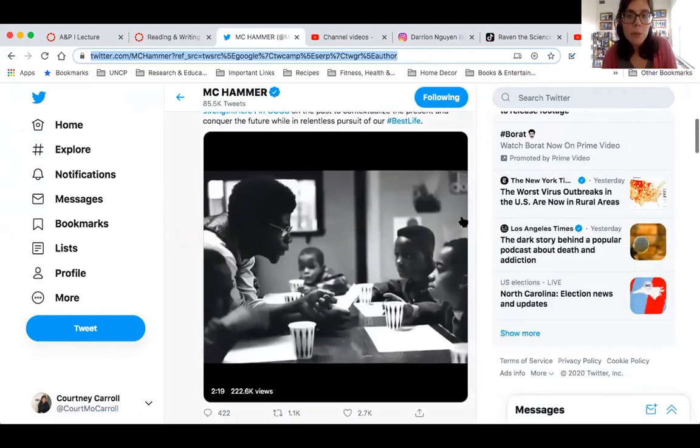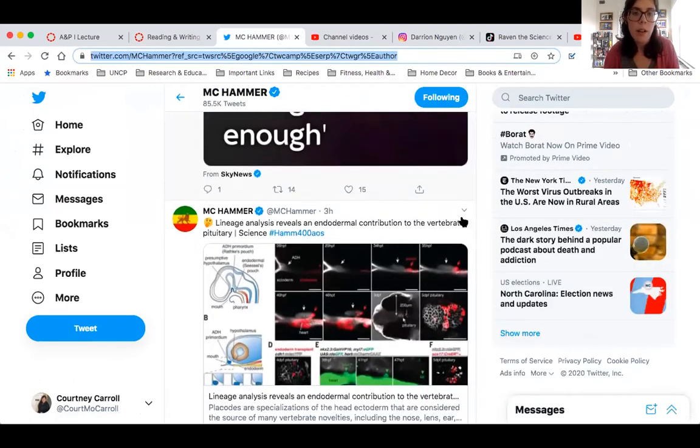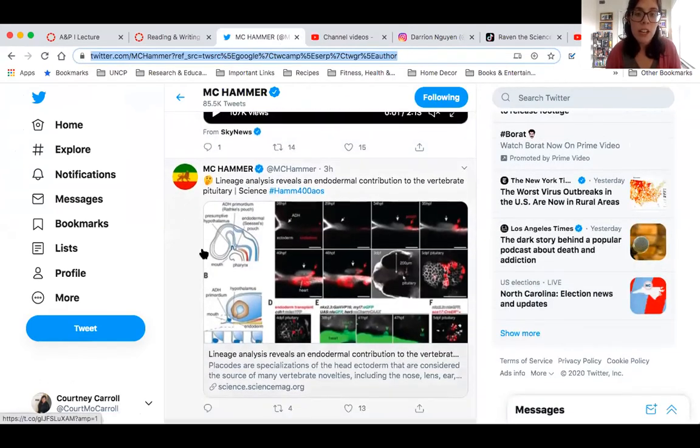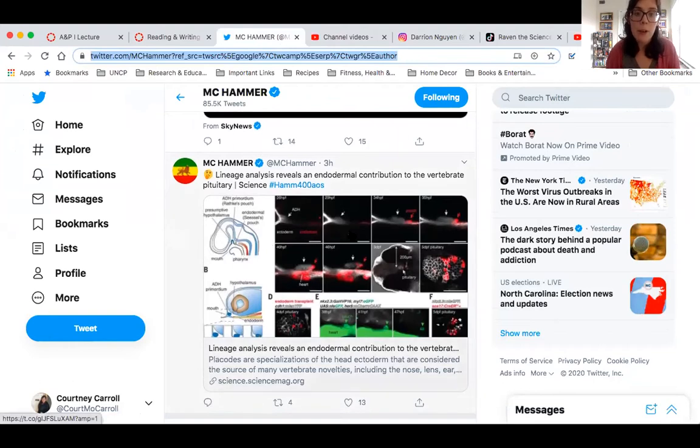So he engages with some other tweets, but he does things like this, right? This is a science paper about lineage analysis in the vertebrate pituitary. So this is development. So he'll tweet out the main picture and then a little blurb about key science articles.